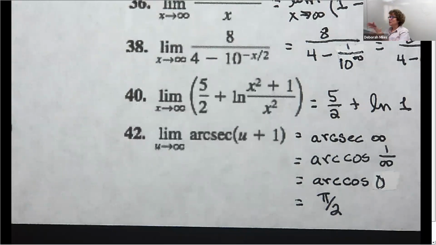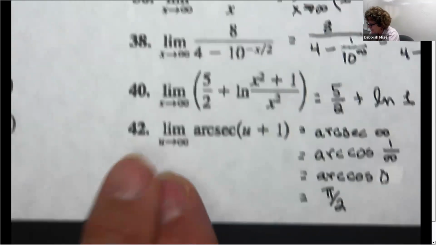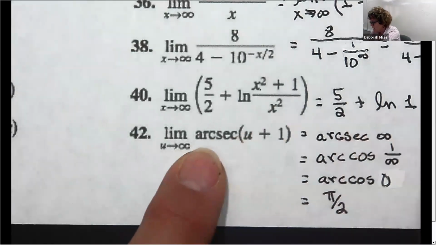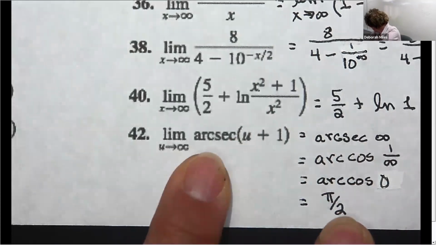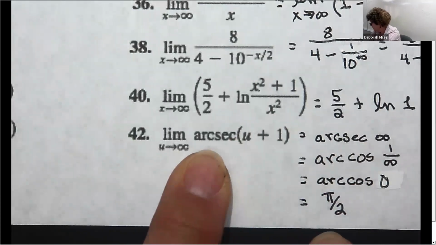So the inverse tangent, inverse cosecant, and inverse secant have horizontal asymptotes. It's just those vertical asymptotes turned on their sides. And as x is getting infinitely big, arcsecant's horizontal asymptote is at pi over 2.